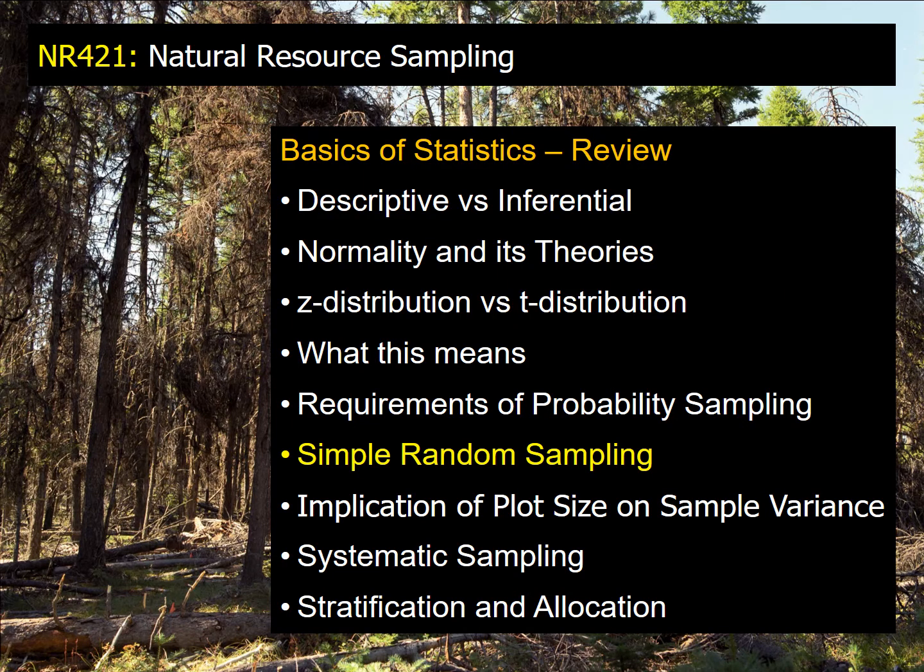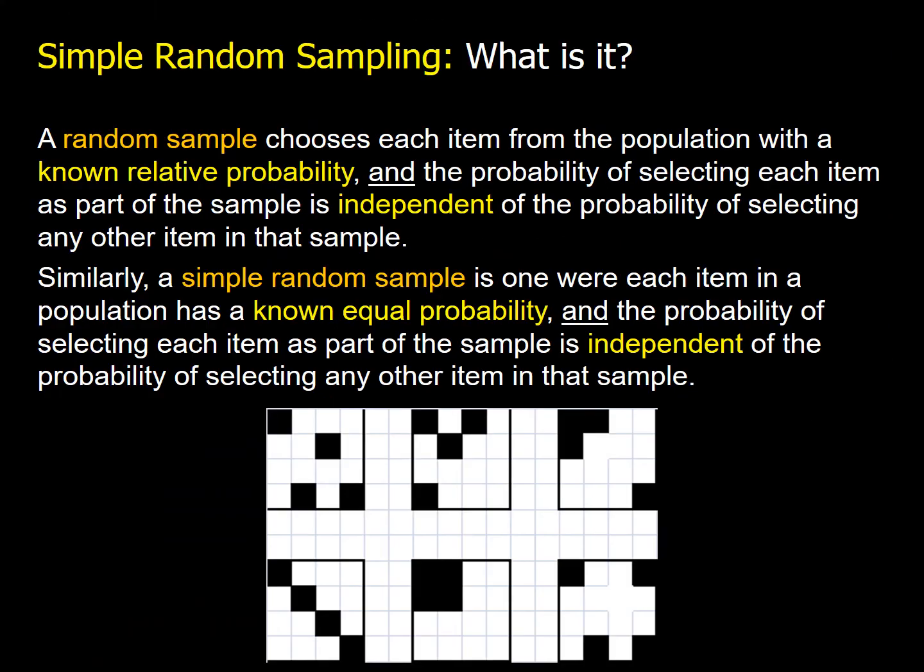Our most simplistic probability-based sampling strategy is simple random sampling. Most often, when we talk about selecting sampling units in natural resource management, we are referring to selecting the location of a plot.